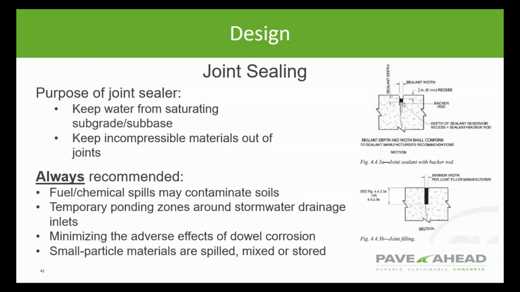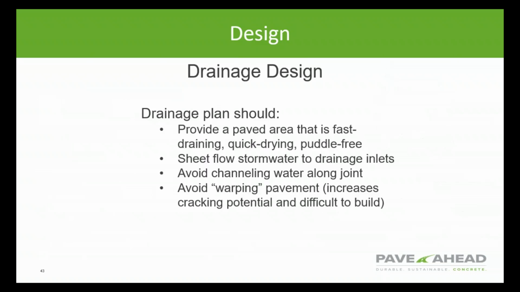There's a lot of debate whether joints should be sealed, but there are 4 applications where joint sealing is always recommended, and that's where you may have fuel or chemical spills that might contaminate the soil, anywhere that you have temporary ponding zones around storm drain inlets, when needing to minimize adverse effects of dowel corrosion, or where small particles, materials are spilled, mixed, or stored on the pavement. Just really trying to protect those joints and keep anything from getting down within the cracks.